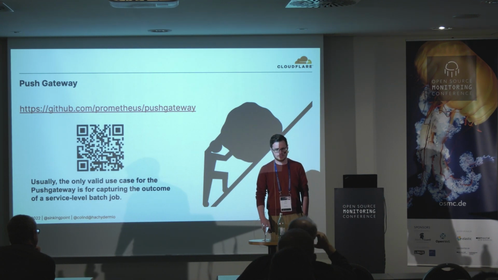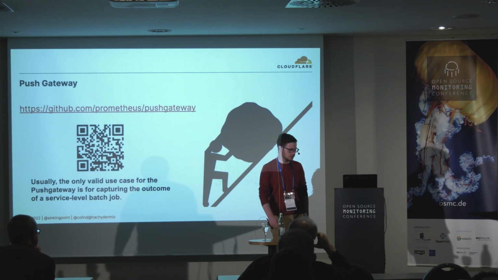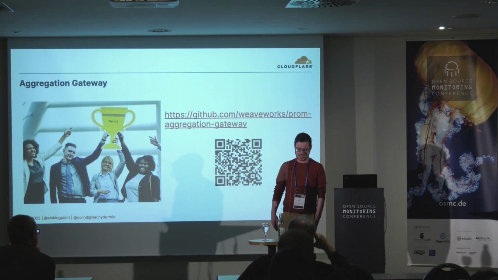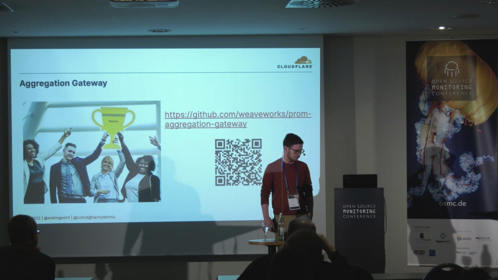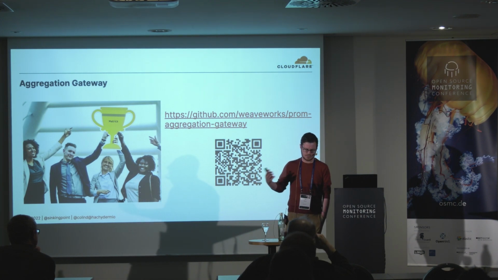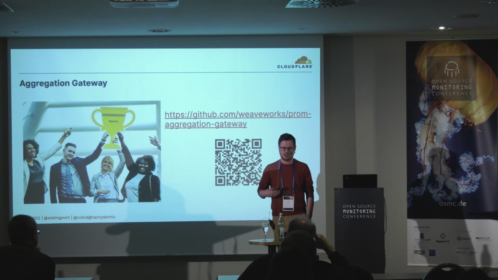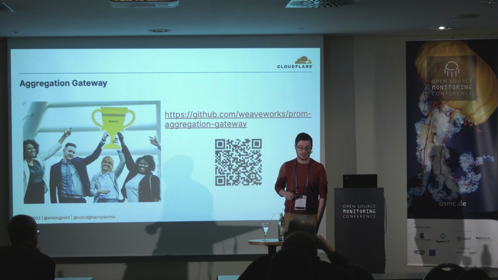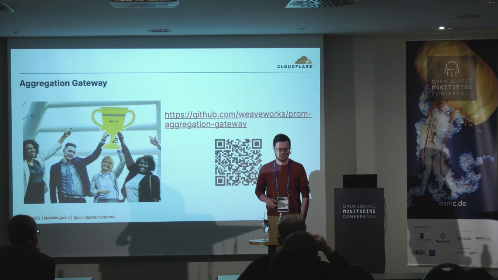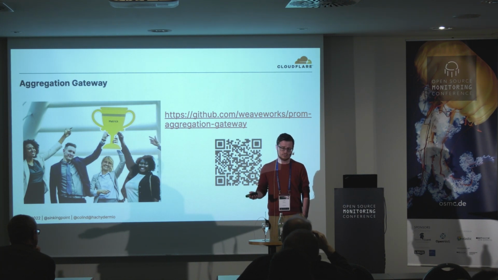And so if you dig a bit further in the second result of Google, you will get the aggregation gateway, which is made by Weaveworks and now abandoned. But it functions very similar to the push gateway. You can push metrics into it, and it will re-expose them to Prometheus. The difference is that instead of replacing old metrics as new ones come in, it will aggregate them.